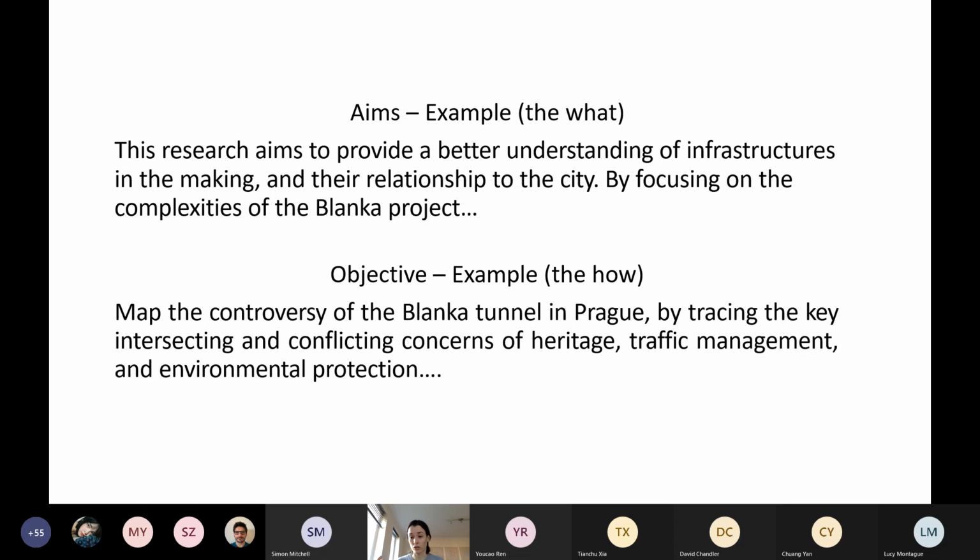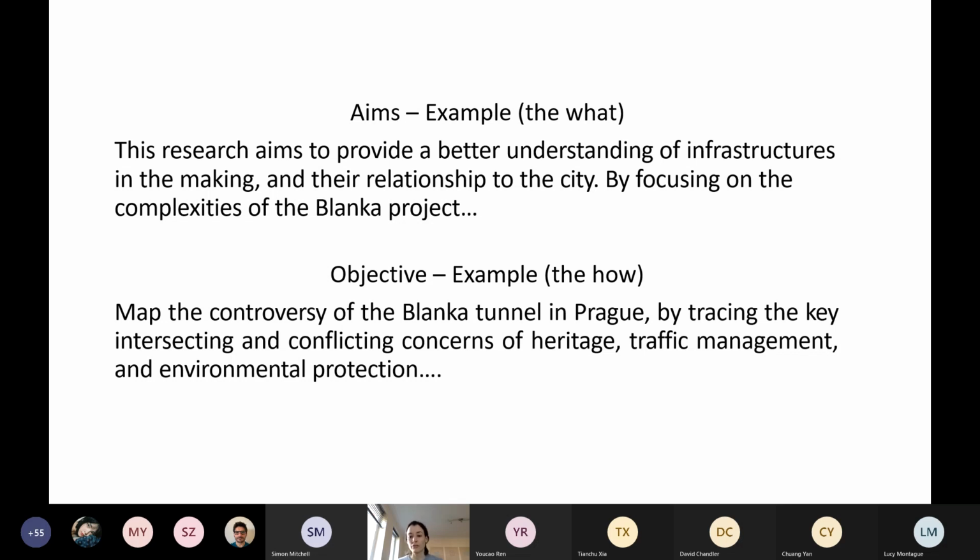It deals with a particular project, but it's a general statement about infrastructures and their relationship to the city. Now, the objectives will tell us how we're going to do that. So the first objective could be to map the controversy of this project by tracing key intersecting and conflicting concerns of heritage, traffic management, and environmental protection.